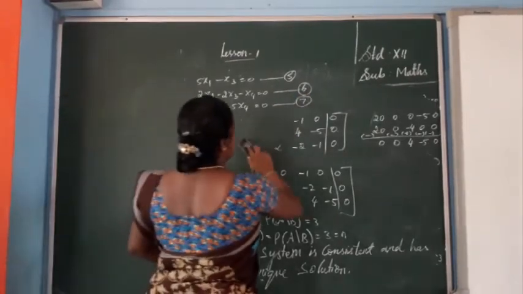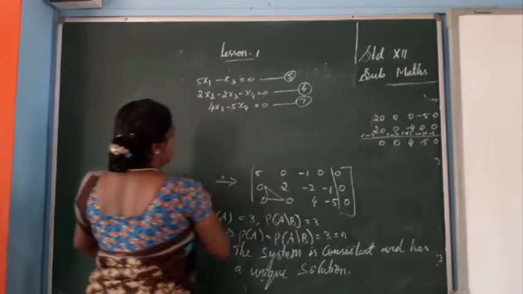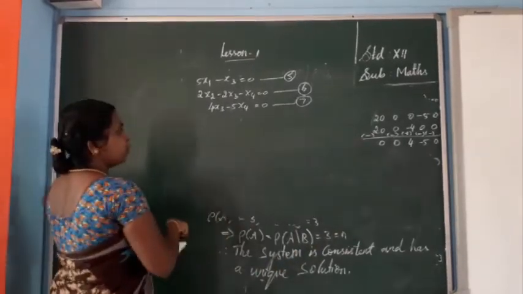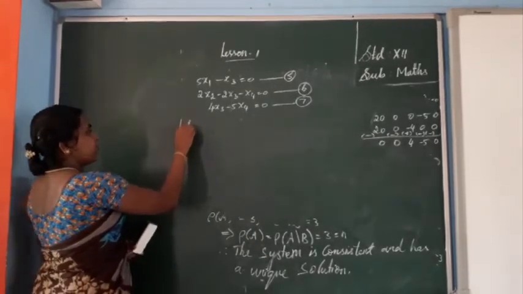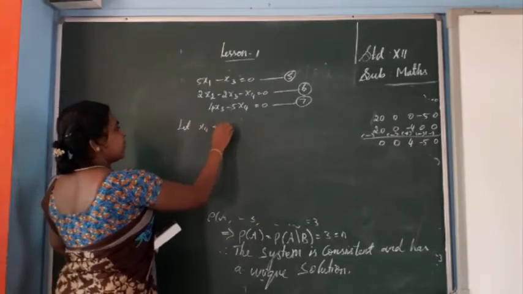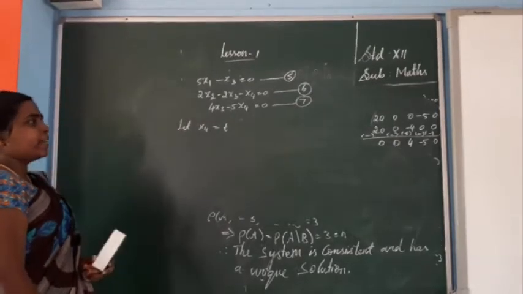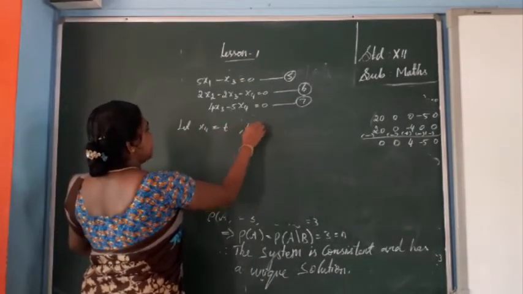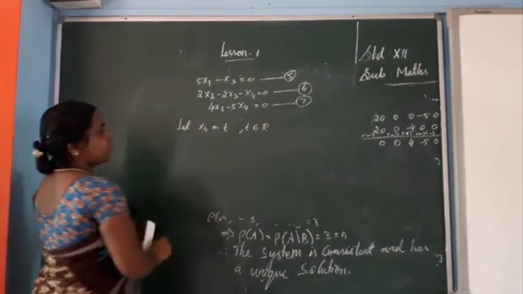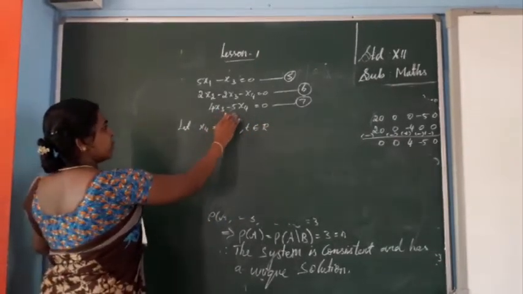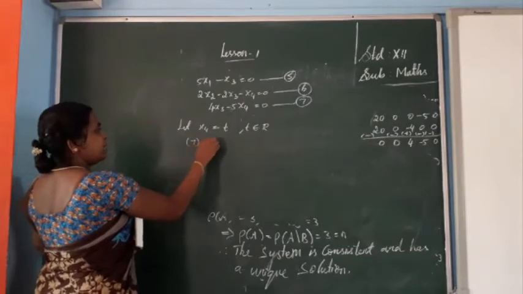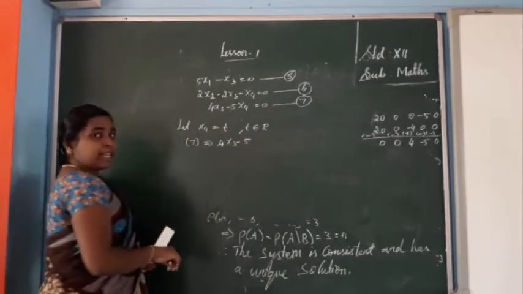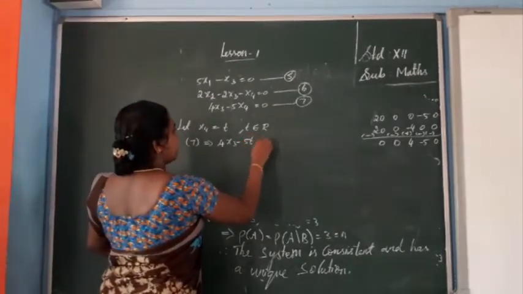Now you see the equations. Actually we have 3 equations but 4 unknowns are there. So you have to assume the value of any one of the variables. I am going to assume x4. Let x4 equal to t. Okay, t or k, anyone you can say, t, k or s, a constant, t belongs to R. Now you substitute in 7th equation. 7 implies 4x3 minus 5x4, x4 value is t, so 5t equal to 0.